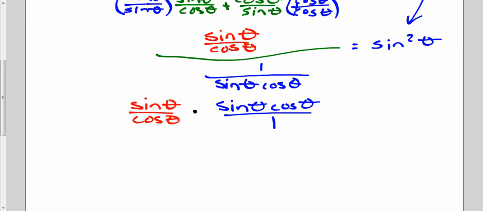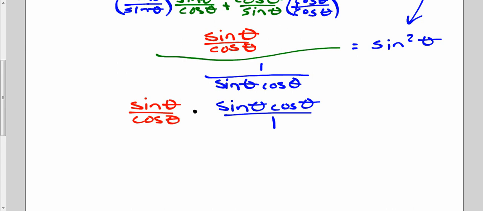Yes? What happens? Sine squared theta plus cosine theta over cosine. Is it sine squared theta plus cosine theta? Oh, no, because it's all multiplied, right?